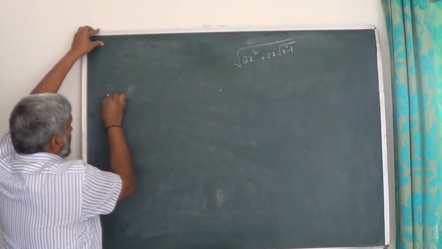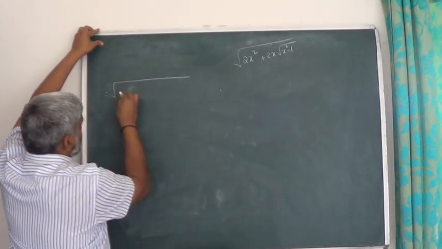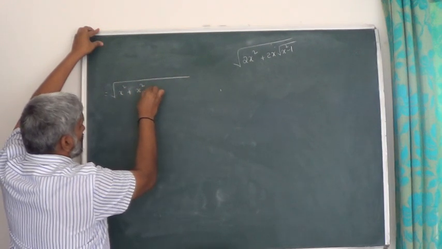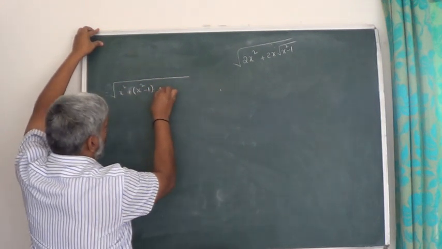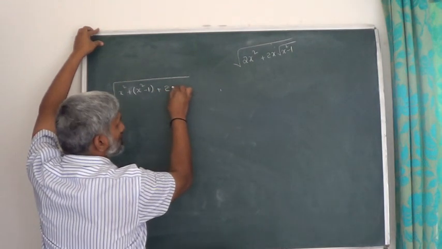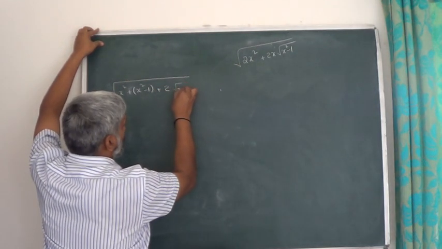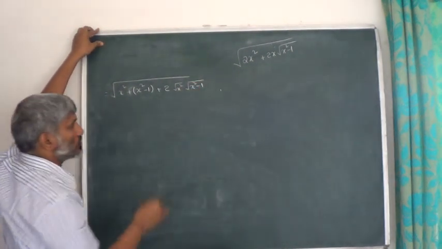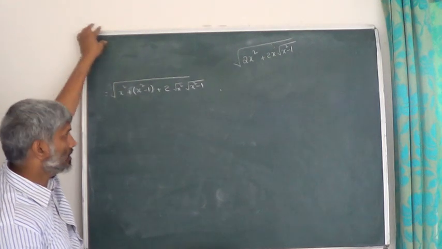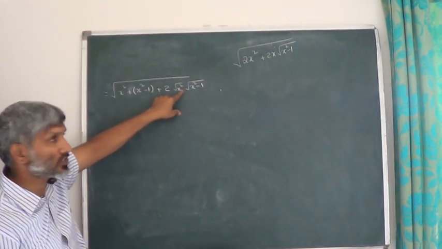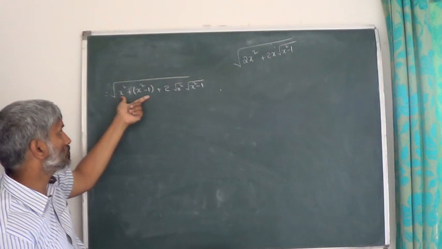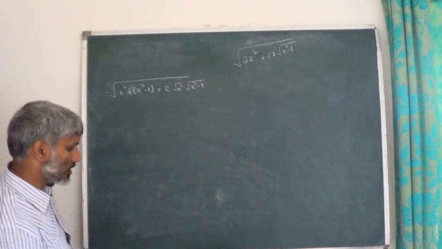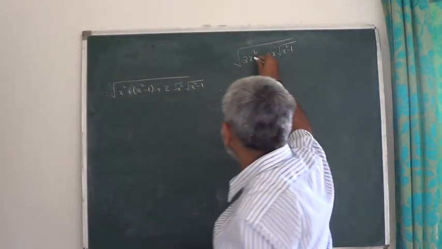So that we can write it as square root of x square plus x square minus 1 plus 2 into square root of x square into square root of x square minus 1. Right? Because root of x square becomes x. So x square plus x square minus 1, we will write 2x square minus 1, as in the question here.